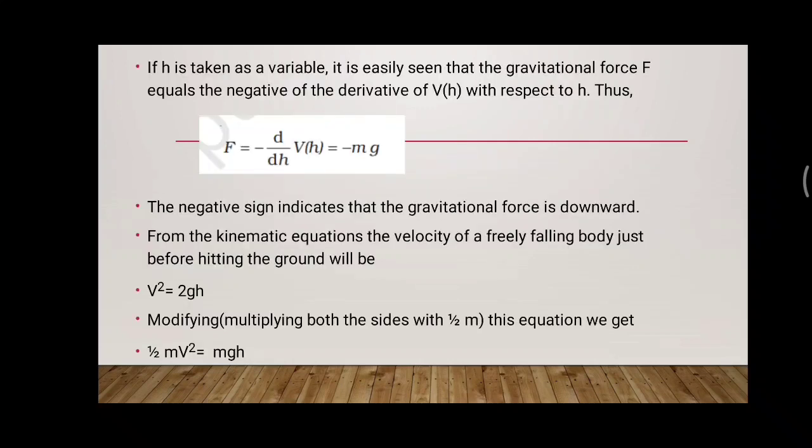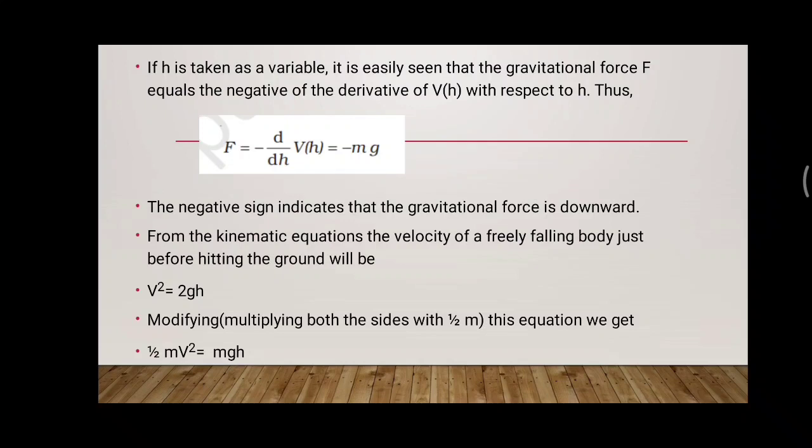Now, if you consider h as a variable, where the mass and the gravitational acceleration are the same throughout, but if the body is moving, then h is a variable along with time. Then the gravitational force F equals the negative of the derivative of V of h with respect to h.